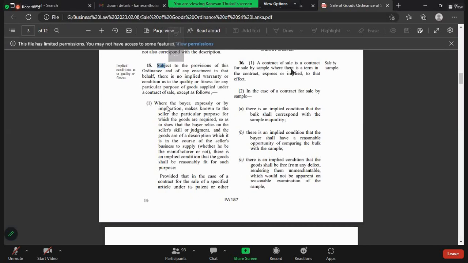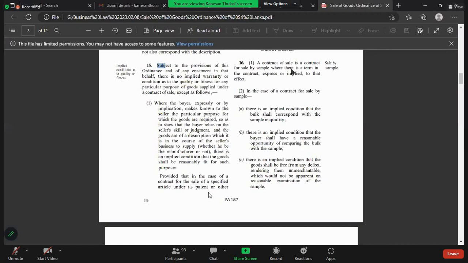Where the buyer expressly or by implication makes known to the seller the particular purpose for which the goods are required, so as to show that the buyer relies on the seller's skill or judgment, and the goods are of a description which it is in the course of the seller's business to supply, whether he be the manufacturer or not, there is an implied condition that the goods shall be reasonably fit for such purpose.